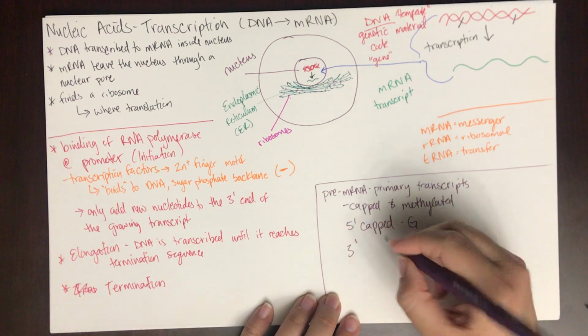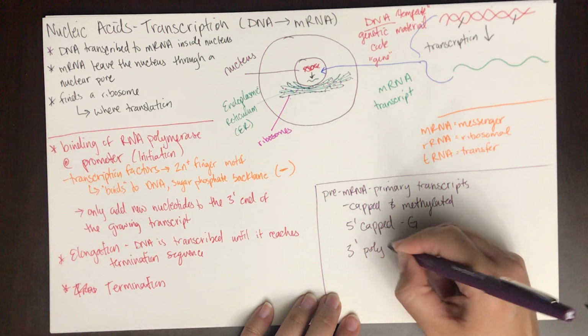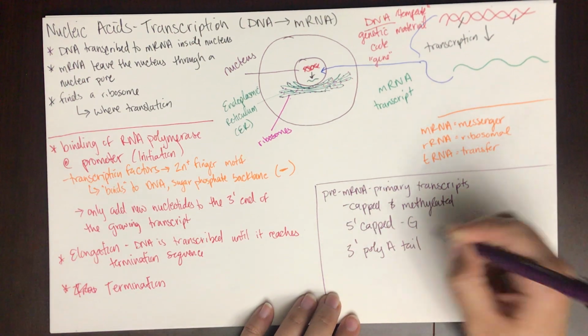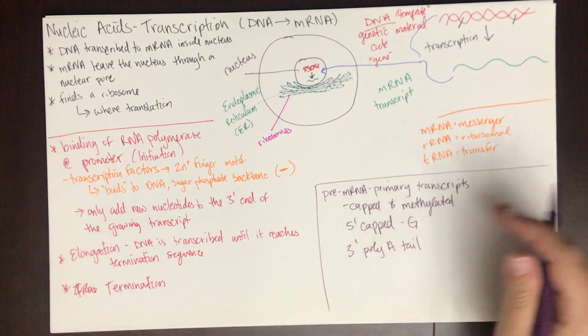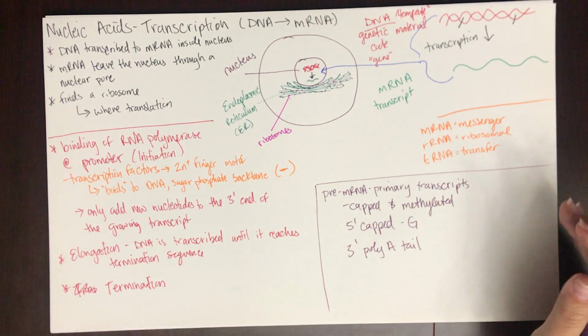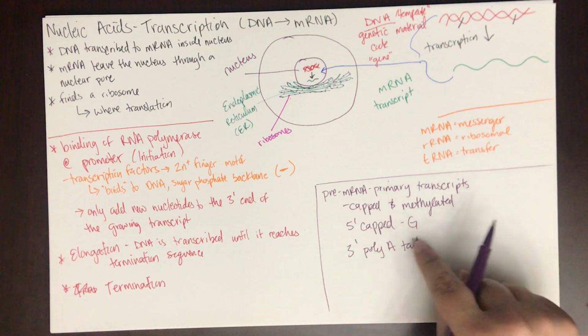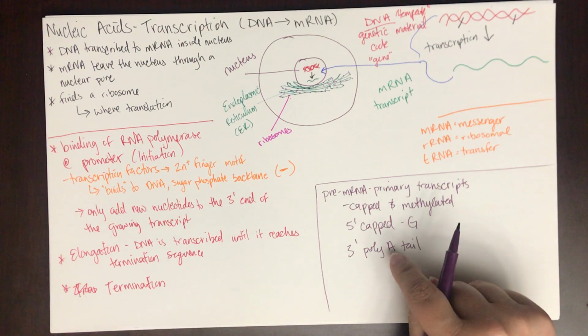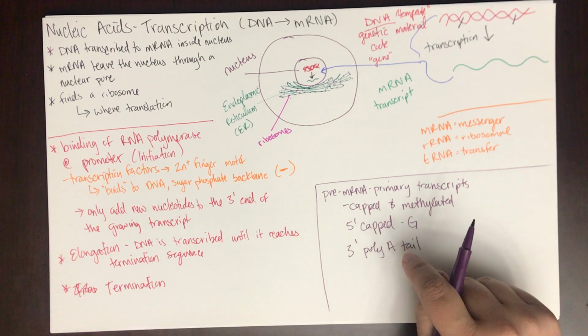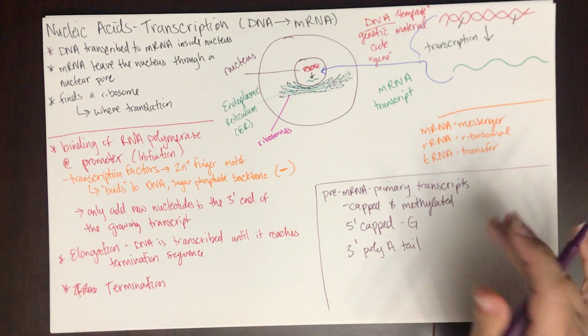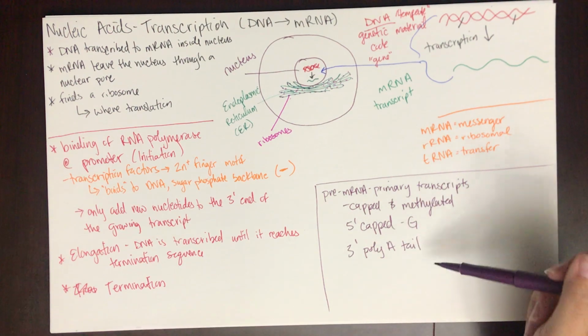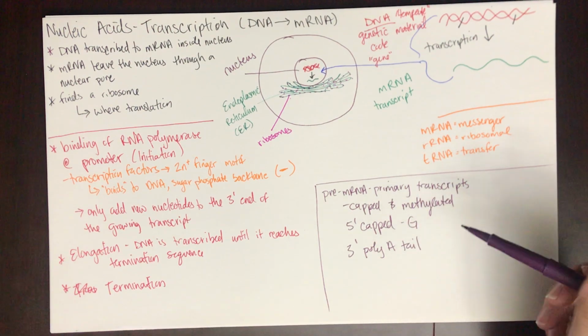And the 3' end gets what's called a poly-A tail, where it essentially just adds a long string, sometimes 100 to 200 adenine residues, at the end. This is called polyadenylation. We don't exactly understand why this happens.